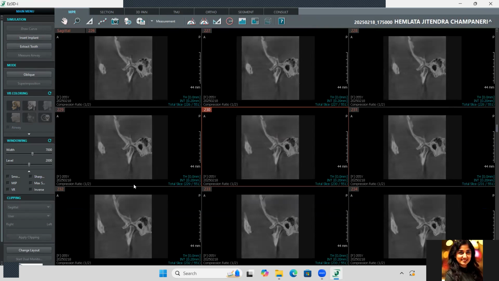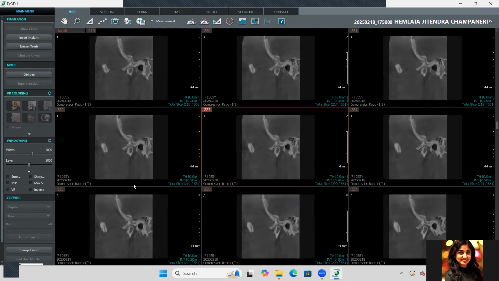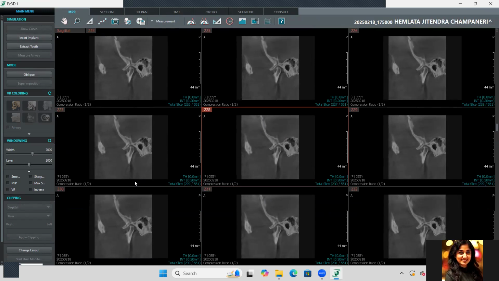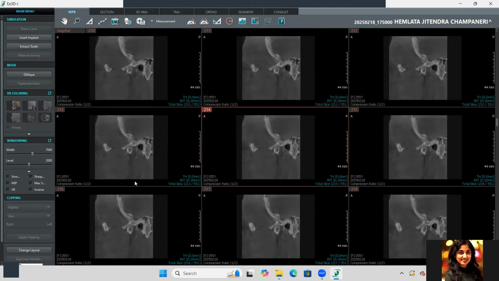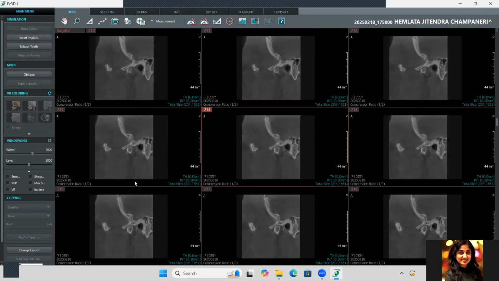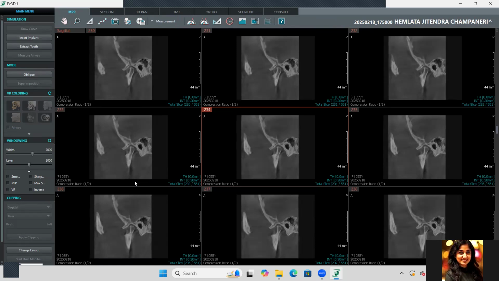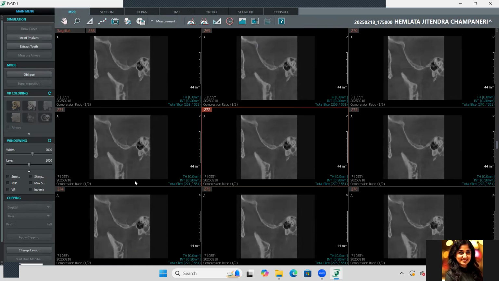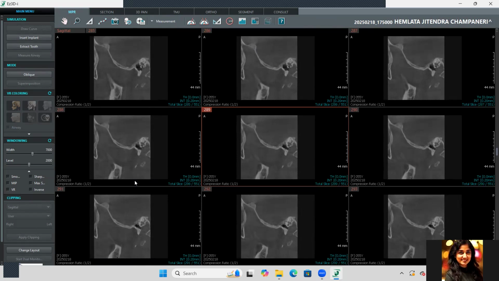You can see there are more changes on the right side than on the left side. So the right side is more damaged and maybe more painful. Sometimes it is the opposite way around. Even though there are so many bony changes, the tissue has healed, so there could be no pain also.